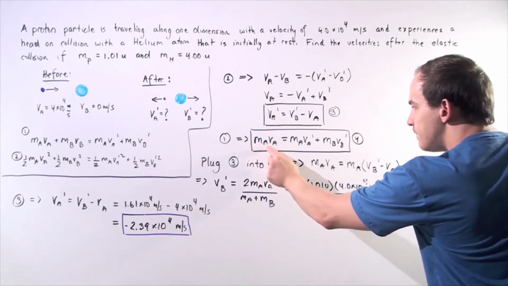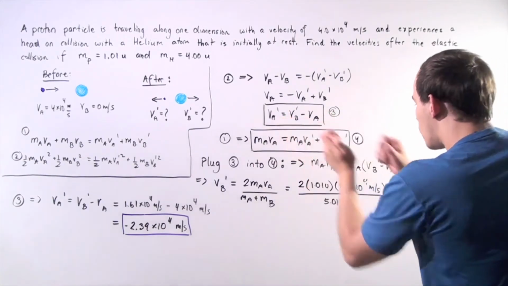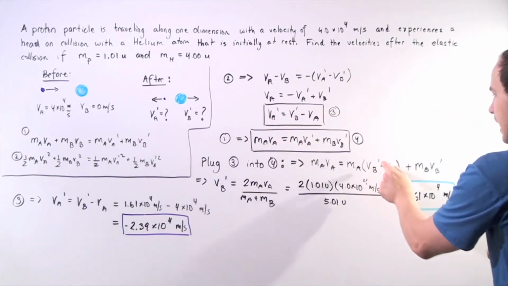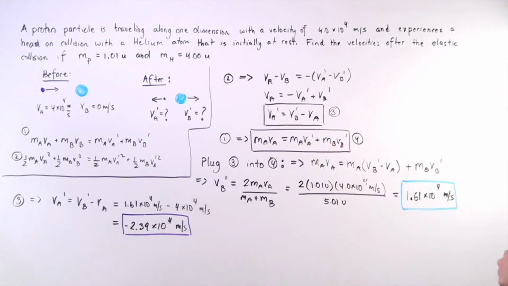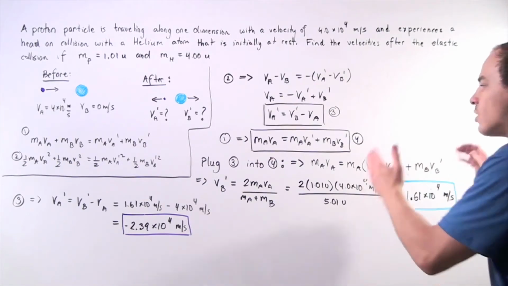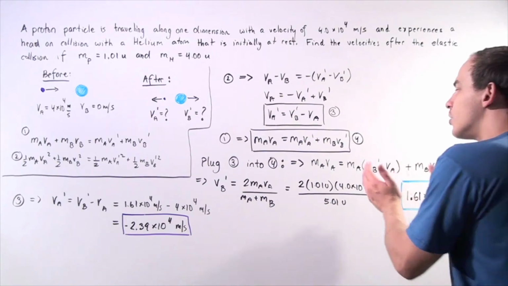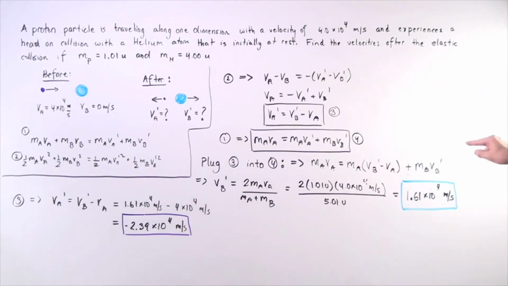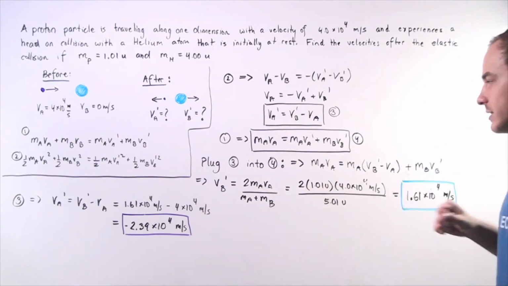So MAVA is equal to MA multiplied by this whole quantity, VB prime minus VA, plus MB times VB prime. So now we multiply our MAs out and we bring all the non-VB prime terms to the right side, and we bring the VB prime term to the left side. We get the following result.